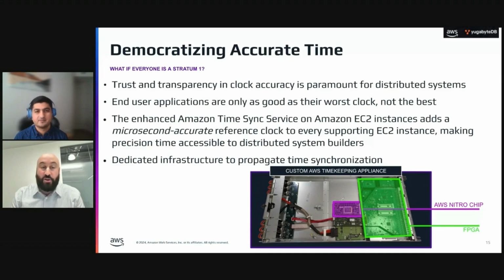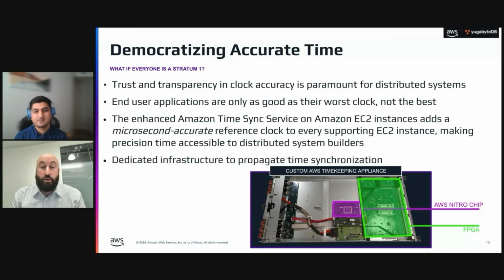And then as you scale and you have a bigger network across multiple data centers, multiple regions, it gets more and more difficult to keep your clocks in sync. And all of these applications are as good as their worst clock, not their best, because you add the skews together and need to assume the worst case scenario, as Shreyas pointed out earlier.